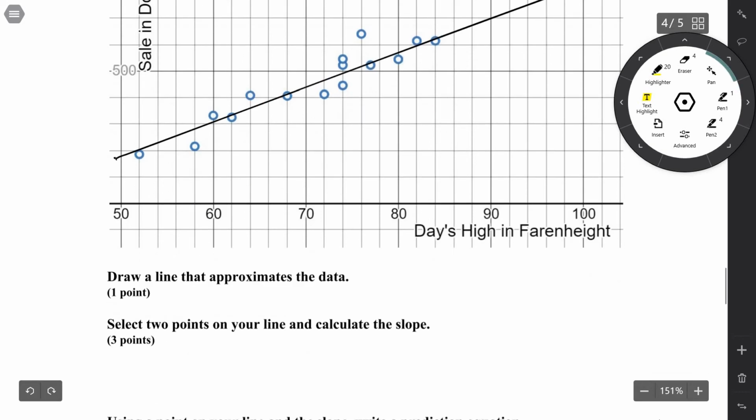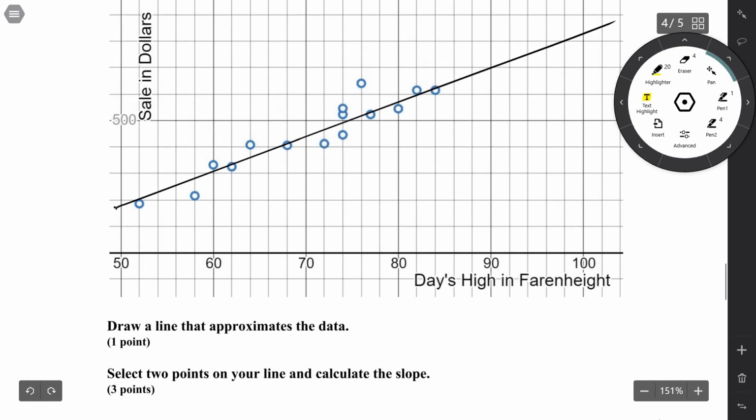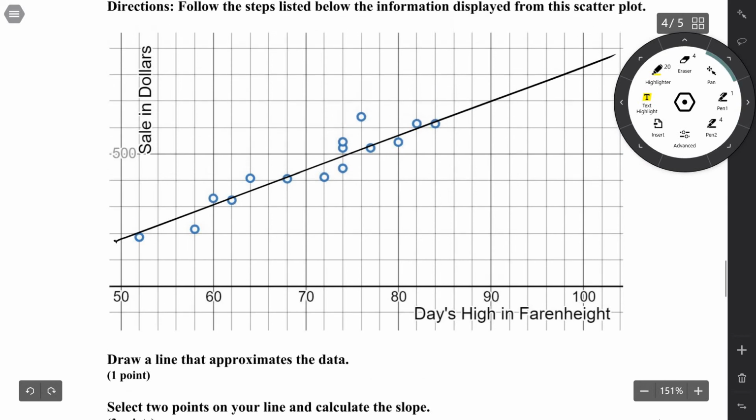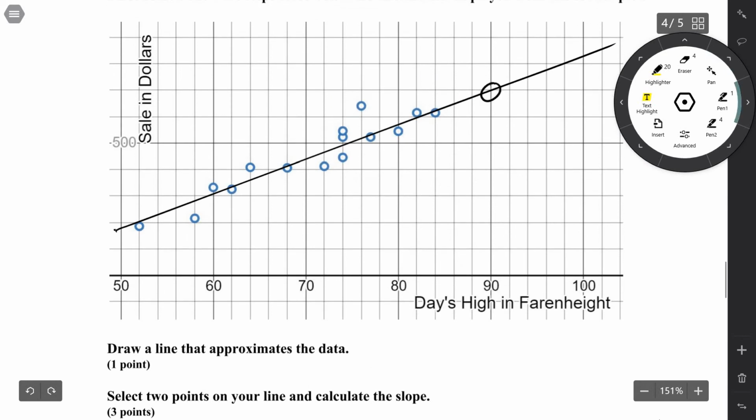The next would be select 2 points on your line and calculate the slope. I really want you guys to circle the points that you're using so I can follow along with your work. I'm going to use this one here. And where's another good point I can snag? One further away is often best. This one's a little bit off, but I'm still going to use that intersection of data.